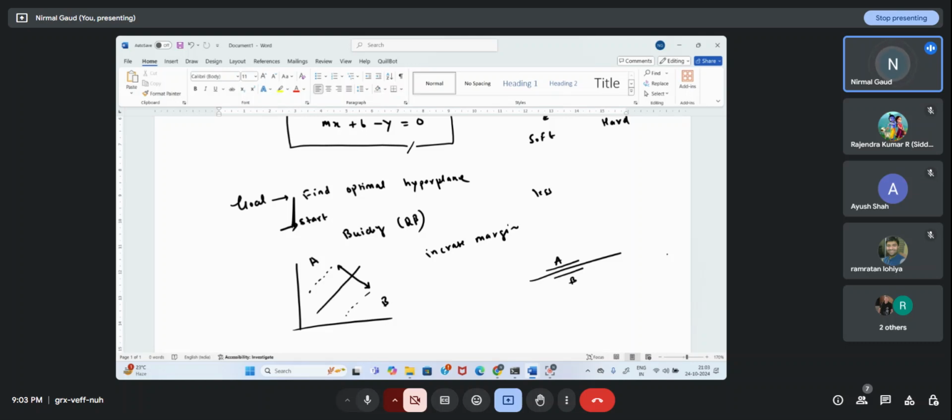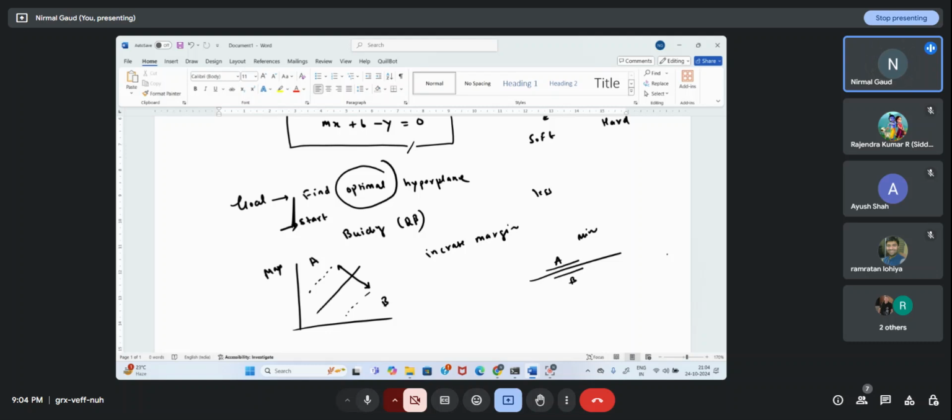My goal is to find the optimal, neither max nor min. Optimal. That should clearly help us in understanding that this point is of class A, this point is of class B. That's what you have to make, a decision boundary.